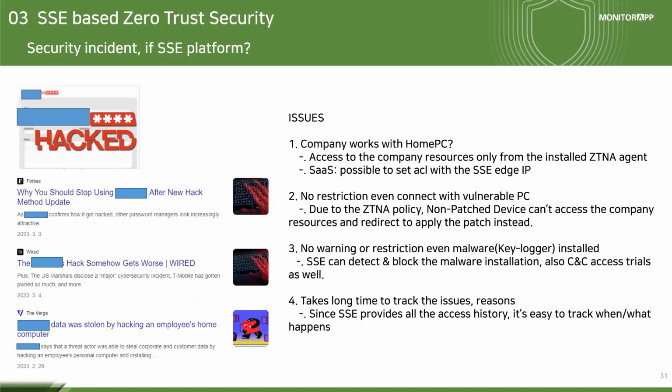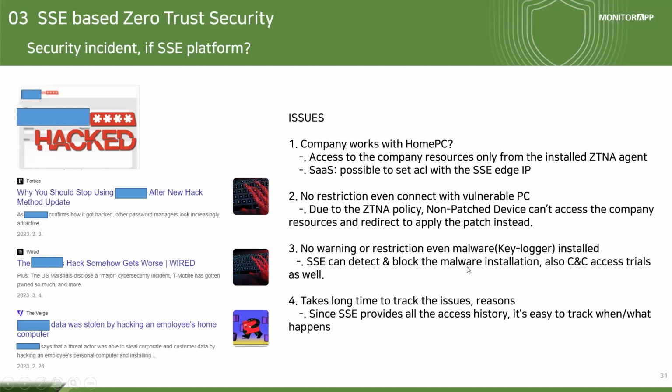Previously we talked about the security incident that occurred in December last year. You may remember that in the case of the security incident, we had four critical issues. Let's look at whether we can minimize the risk if we apply the SSE platform.